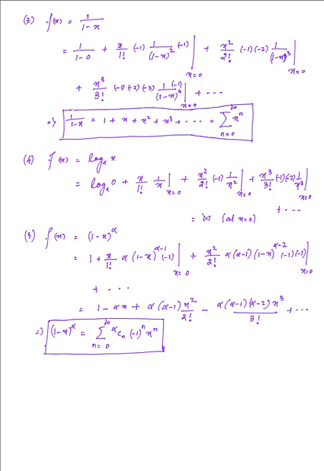Now, up until now, we were expanding the given function about x equal to 0. What if I tell you that we can expand about any other value? Say we are taking x equal to x0.